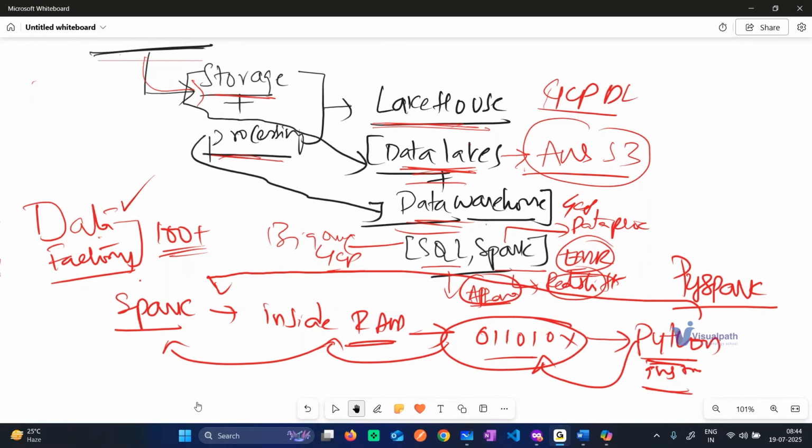Okay, forget about Databricks and Data Factory for a minute. Let's understand a simple real-world example. You generally go to a store, let's say a supermarket. When you go to the supermarket, what do you see there?